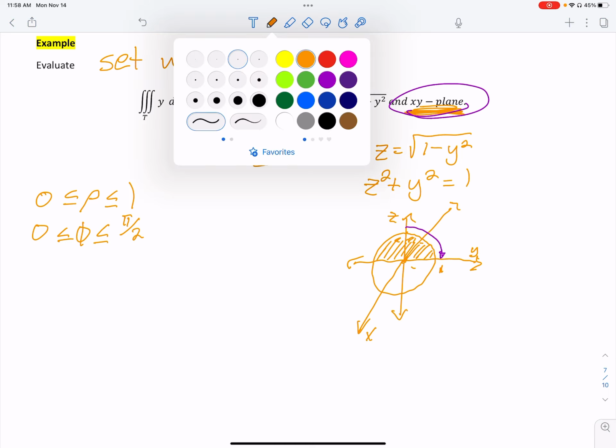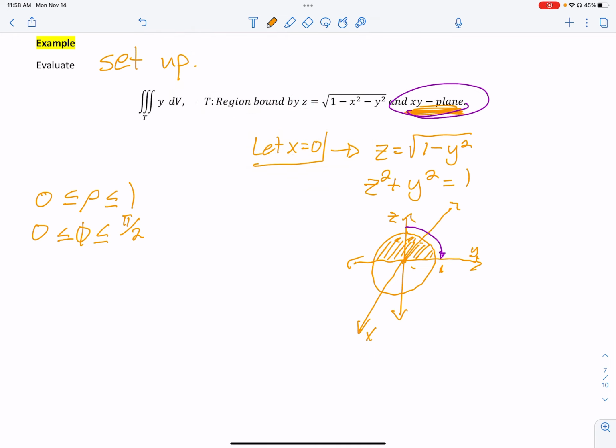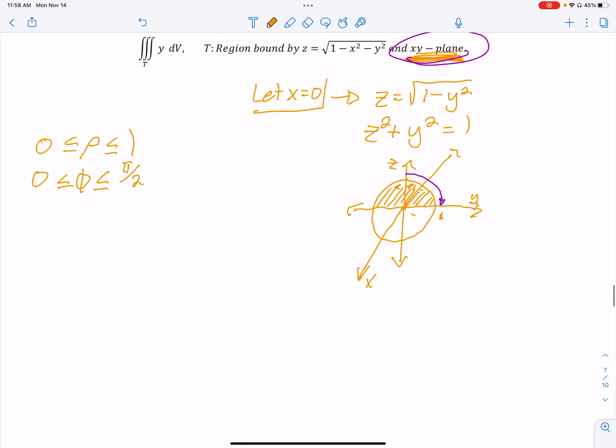And then the last bound we have, okay, this is a bit confusing. We don't care where it's at. We just want to look down on our xy plane. If I let z equal 0, I got 0 is the square root of 1 minus x squared minus y squared. If I square both sides and move things to the right side, I got x squared plus y squared equals 1.